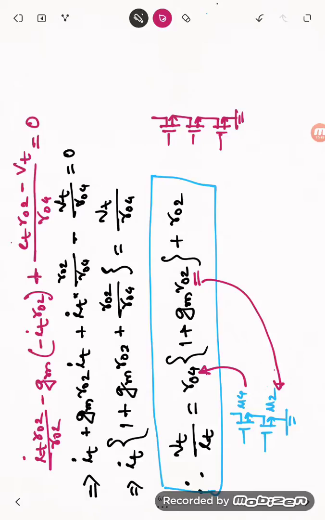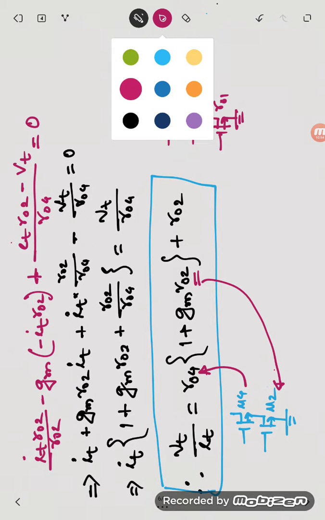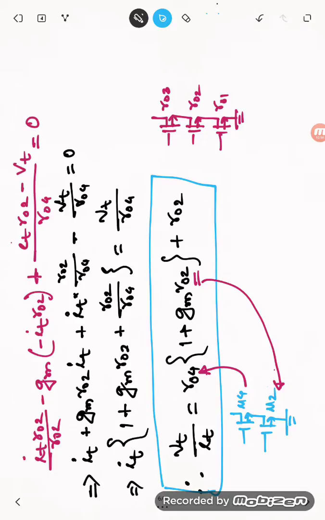You have the resistances R01, R02, R03, and the transconductance of the top MOSFET is gm3, then gm2. We do not need the resistance of the bottom resistor because that will never show up.